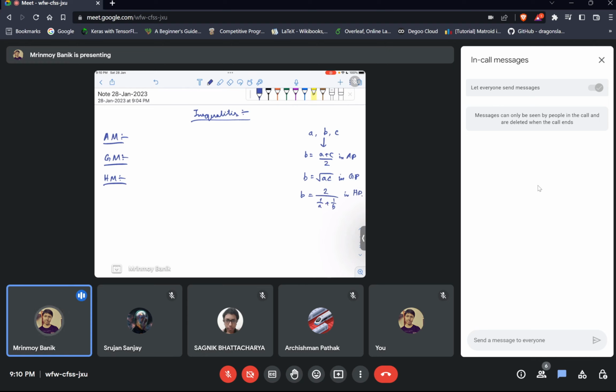So that's why we get the arithmetic mean as sum over xi by n. Suppose we have n observations. These A, B, C values are called observations.